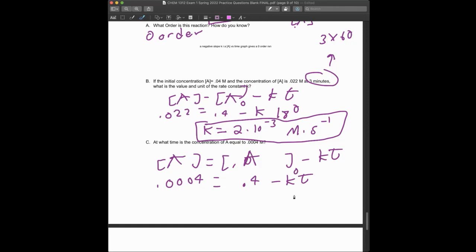We know K from the previous question, but we're missing T this time. So if we plug in K, I'll go ahead and give you the answer, which is T is equal to 18.9 seconds.